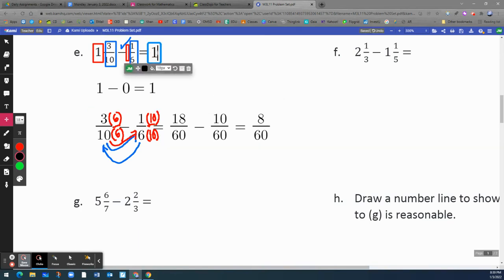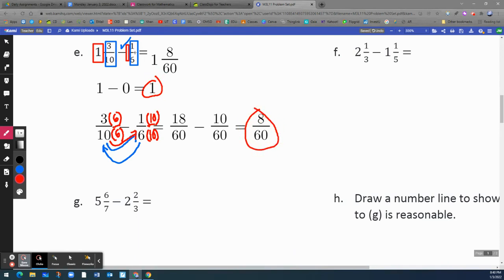So we have the whole number, and the answer for the fraction was 8/60, and the whole number was 1. Okay, so the two answers that we had, we put them together to give the answer for problem E.